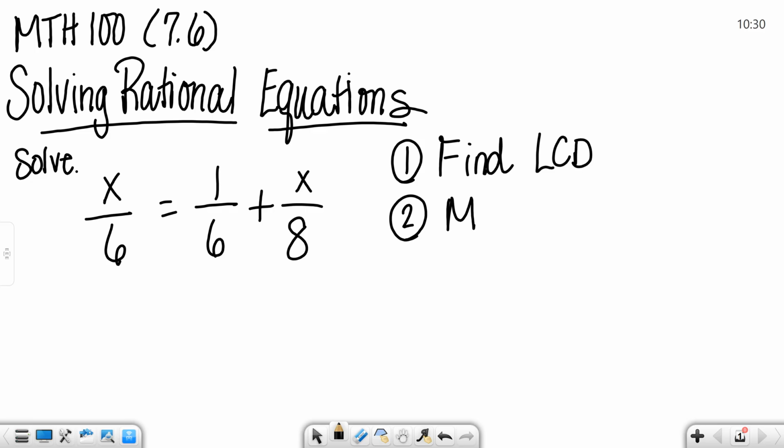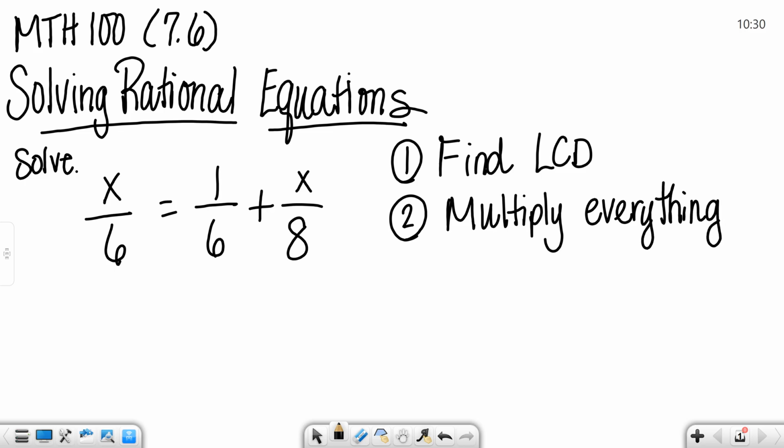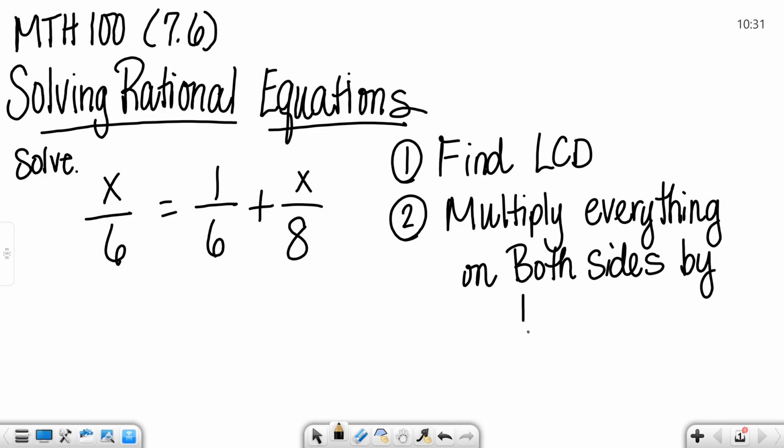The second step is we are going to multiply everything on both sides by that least common denominator. And what that will do for us is it will get rid of our fraction.